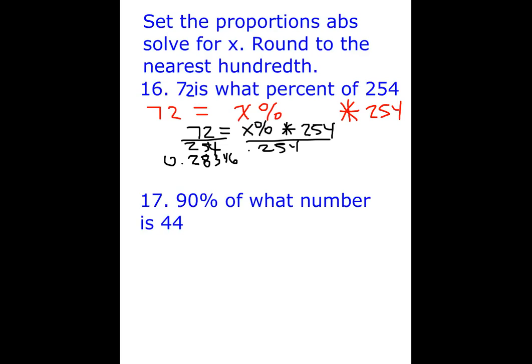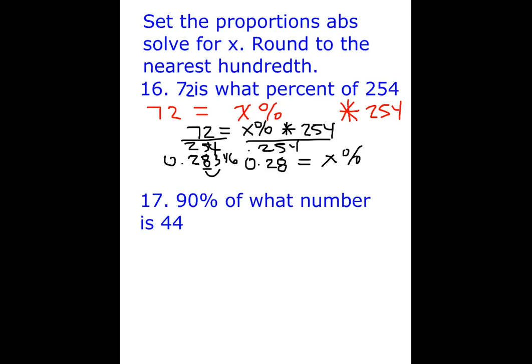And it says round to the nearest hundredth. So the 8 is in my hundredths place. And we're going to look at the number next to it, which is a 3. It's less than 5, so we're going to leave that 8 by itself. So 0.28 is equal to x percent. And remember, percent means that value over 100.